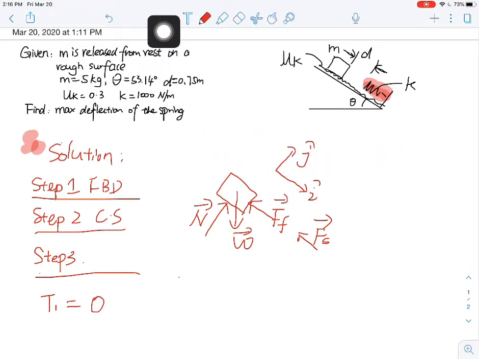It's released from rest, so T1 equals 0. And T2 at position 2, when it slides down and compresses the spring to the maximum deflection, at that time the block is stopped, right? Before it bounces back, at that moment it has no speed, therefore T2 equals 0 as well.